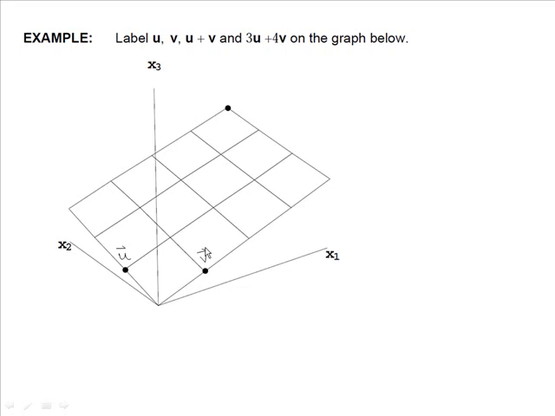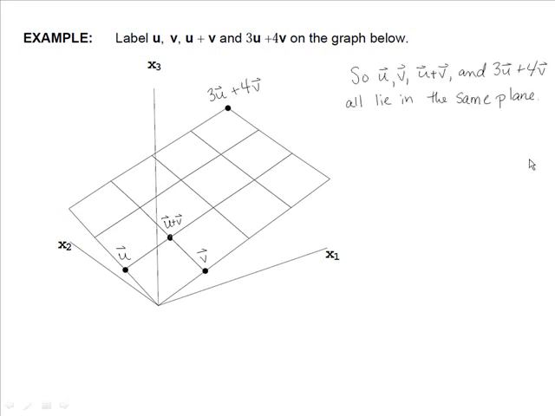So this point here would be u plus v, and then using our parallelogram, for 3u we're going to go up 3 squares here from u, and for 4v we're going to go up 4 squares here. So these are our endpoints, and this would then be the fourth endpoint. So this point up here is 3u plus 4v. So u, v, u plus v, and 3u plus 4v all lie in the same plane.